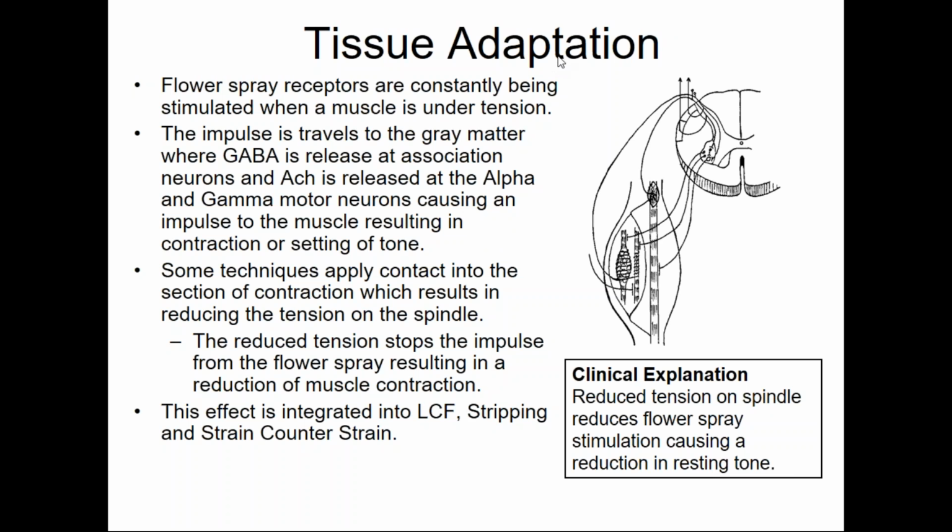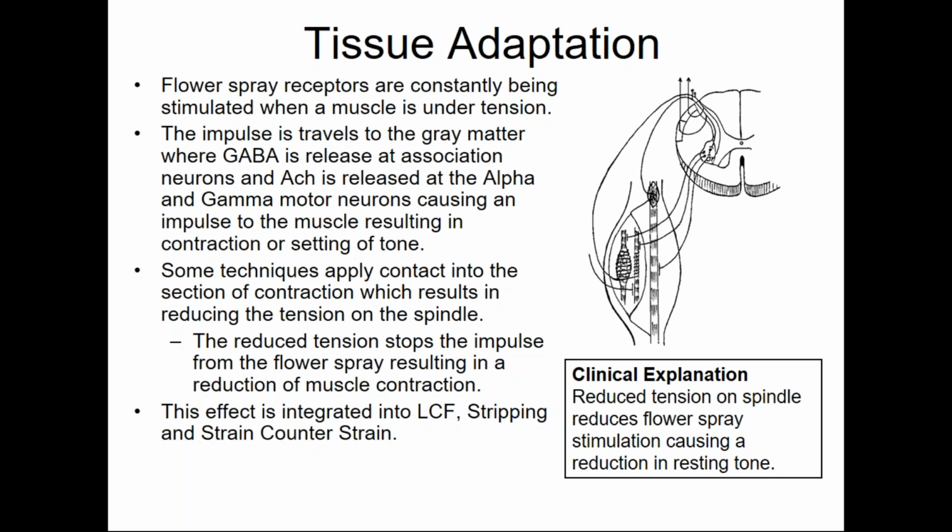Tissue adaptation. Whenever you have a hypertonicity in the muscle, there's going to be tension on the spindle. And because there is tension on the spindle, the flower sprays are going to be firing.